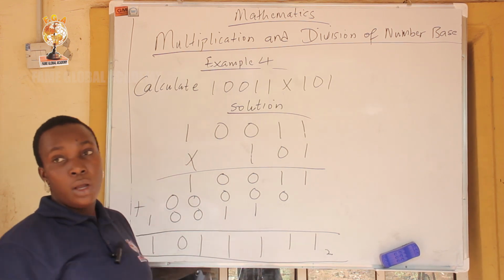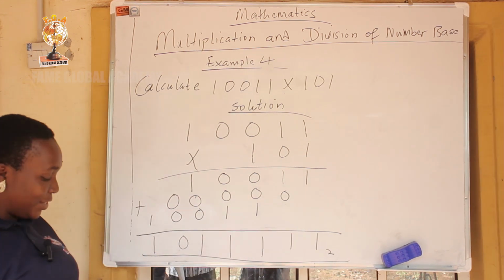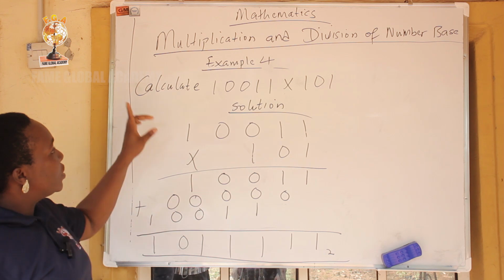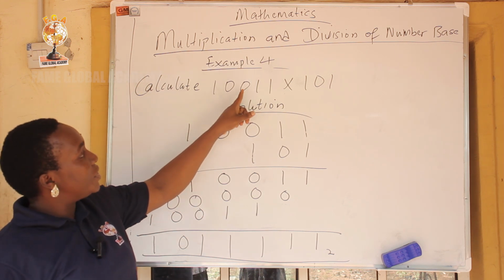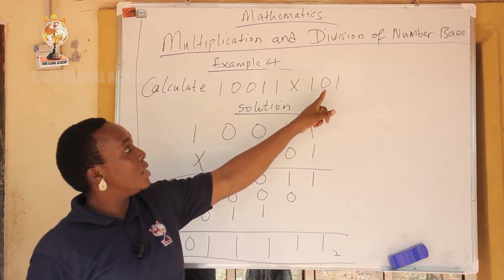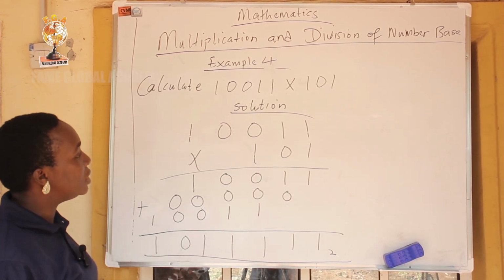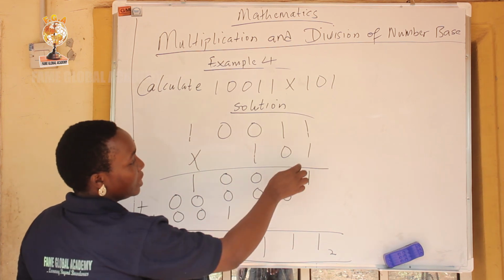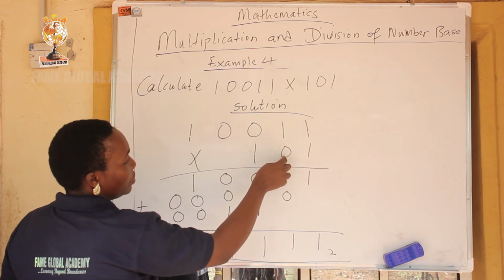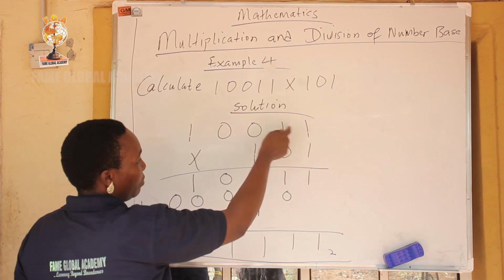Okay, so let's just go through this again. So we have calculate 10011 times 101. Okay, so this is the number we are multiplying with. So you multiply one after the other. You use this 1 to multiply everything, use this 0 to multiply everything, use this 1 to multiply everything.